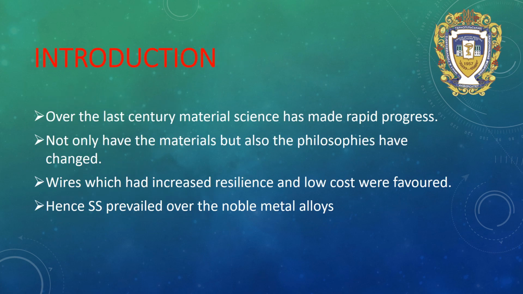Introduction. Over the last century, material science has made rapid progress. Not only the materials, but also the philosophies have changed. Wires which had increased resilience and low cost were favored. Hence, stainless steel prevailed over the noble metal alloys.